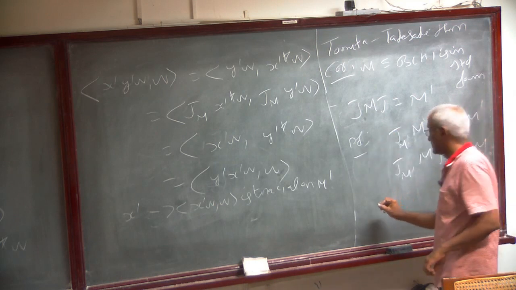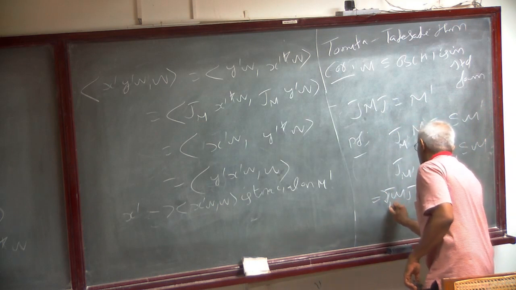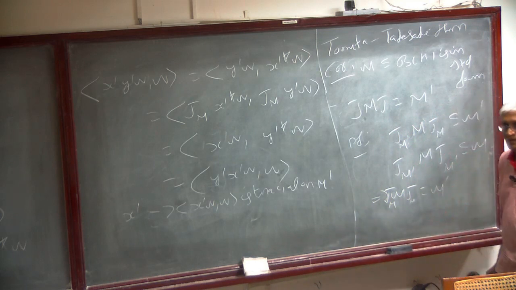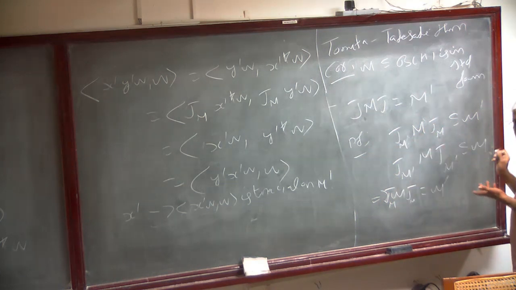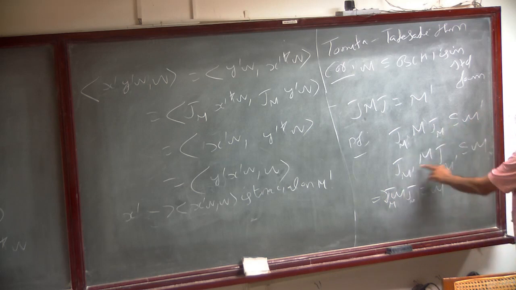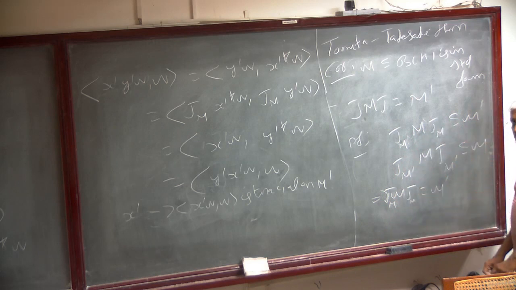So this implies J M J is equal to M. One way we have verified. For the other way, because J_M and J_M prime are the same, this is contained in this, and similarly this is contained in this. Both are the same. So because of that, J M J is equal to M prime.